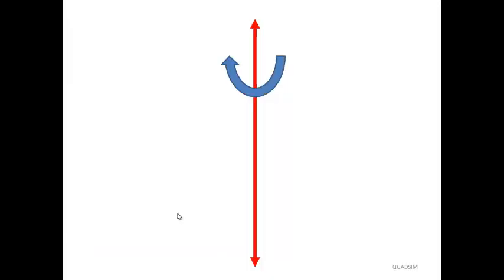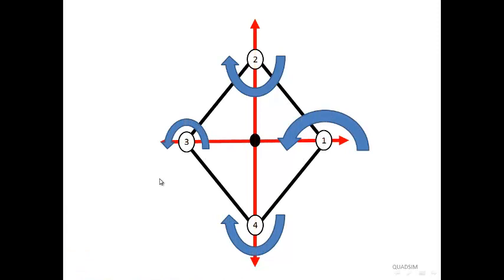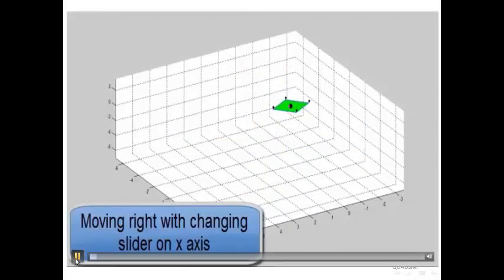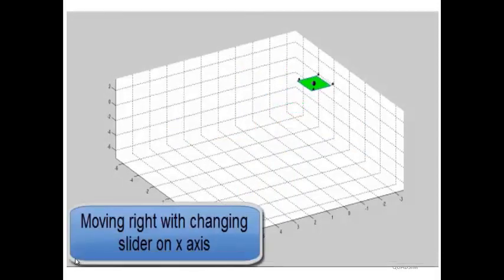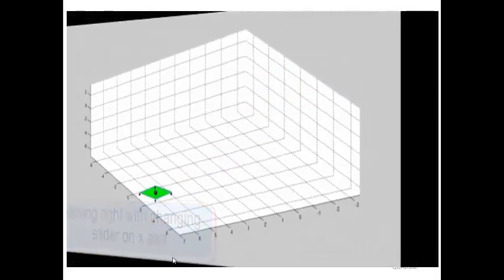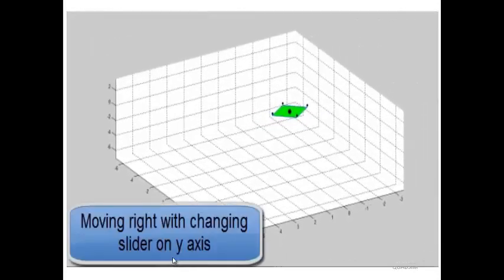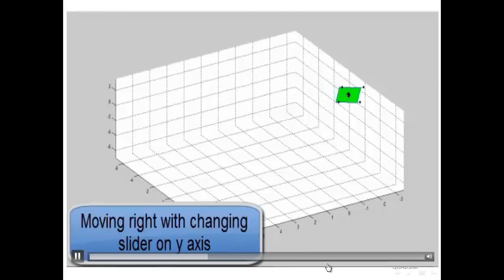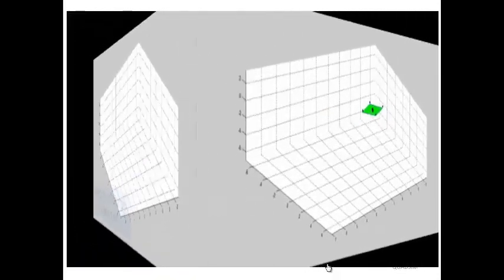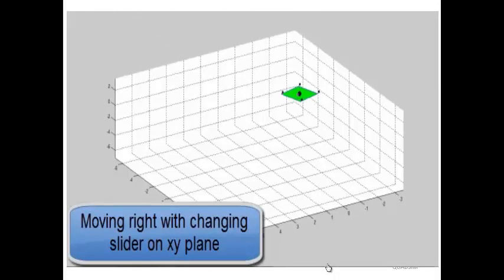And what about the move right or move left? Please remember it in previous slide, but we didn't have any slider changing, but now we have a slider. It is very amazing. Moving right with changing slider on x-axis. On y-axis, and slider drives on xy plane when it rotates, move right.